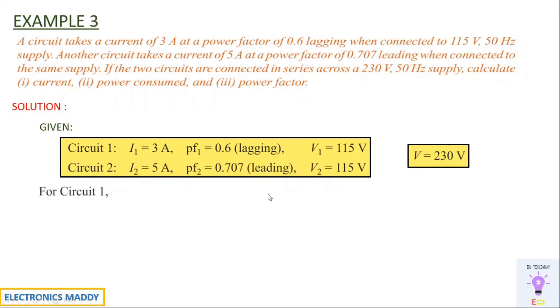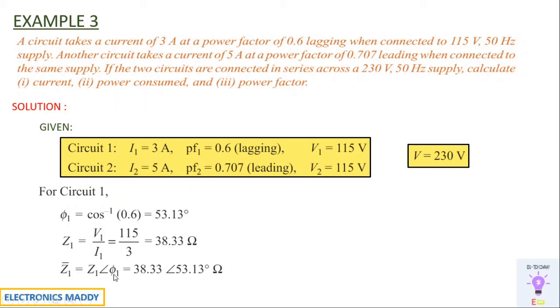For circuit 1, we will be finding the value of phi 1, that is cos inverse of the value. You will be getting 53.13 degree. We'll be finding the value of Z1, that is equal to V1 by I1. Substitute the value of V1 and the value of I1, and you will be getting 38.33 ohms. So Z1 is represented in terms of magnitude and angle, and you will be getting this particular value.